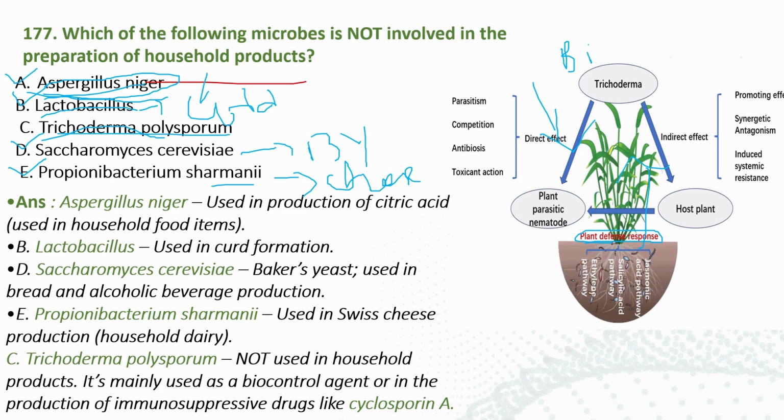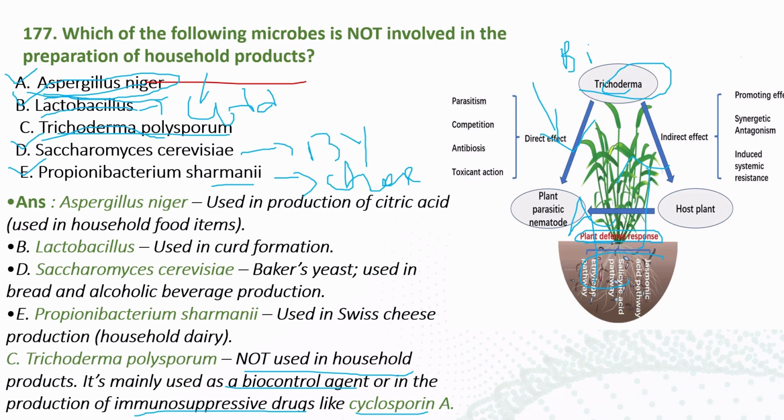So these Trichoderma present in the soil help in the defensive system of the plants. They are not used in household products, and they are known as biocontrol agents. And sometimes Trichoderma polysporum is used for immunosuppressive drugs like cyclosporin.